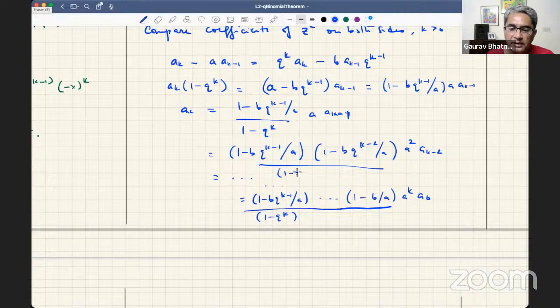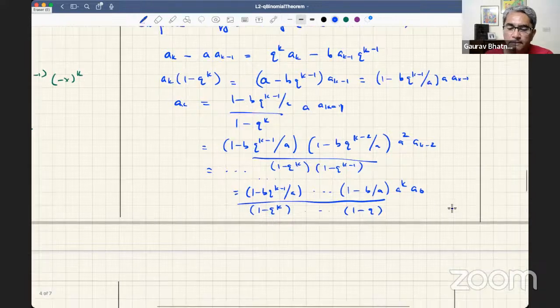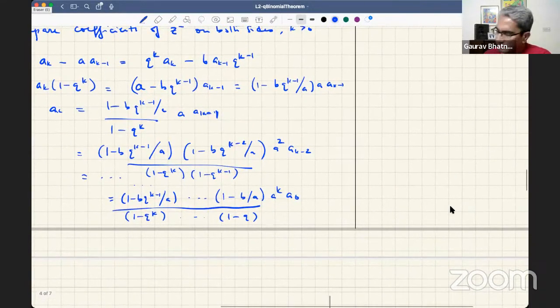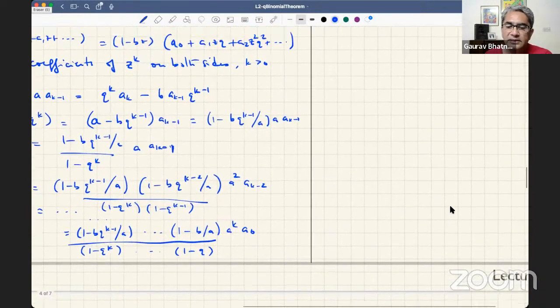So this will be divided by 1 minus q to the k, 1 minus q to the k minus 1, going on to 1 minus q. Right, so, what is a0?